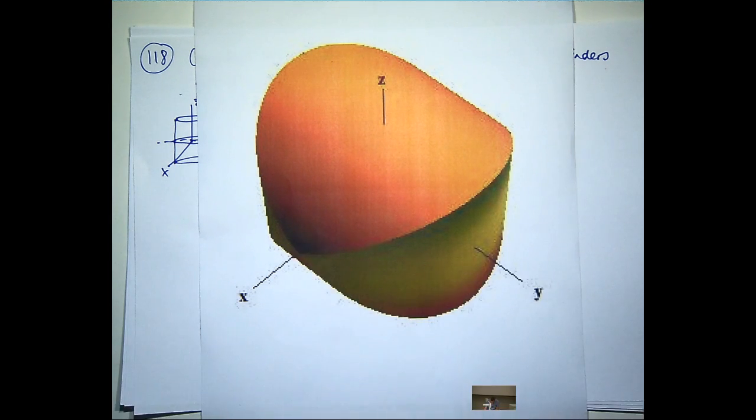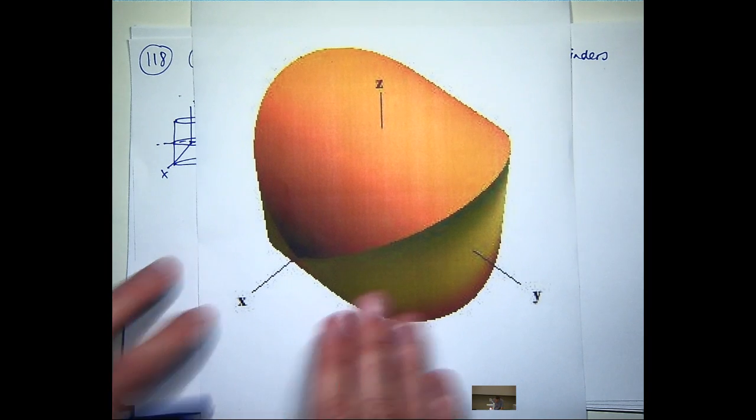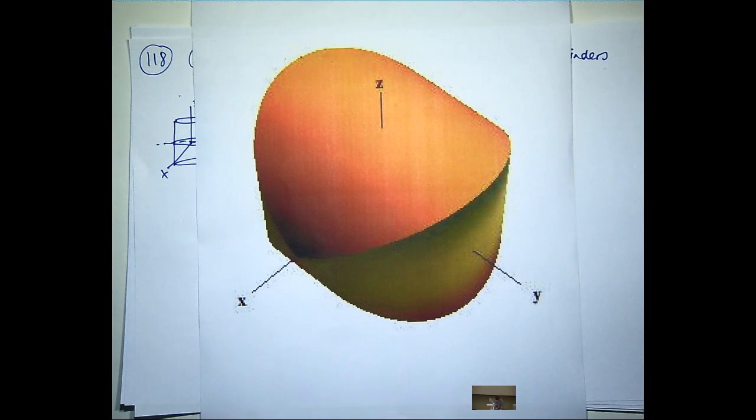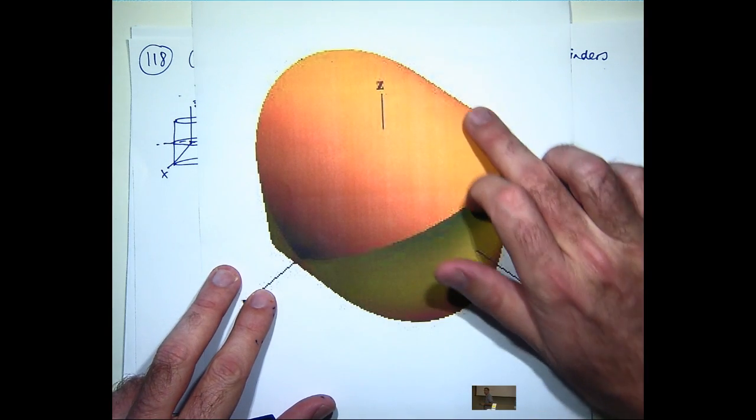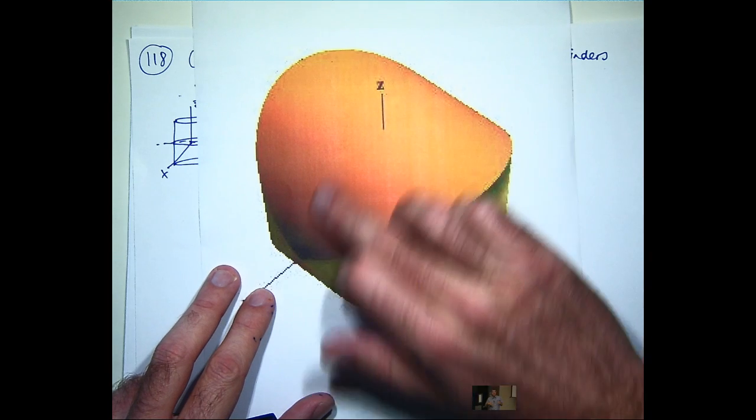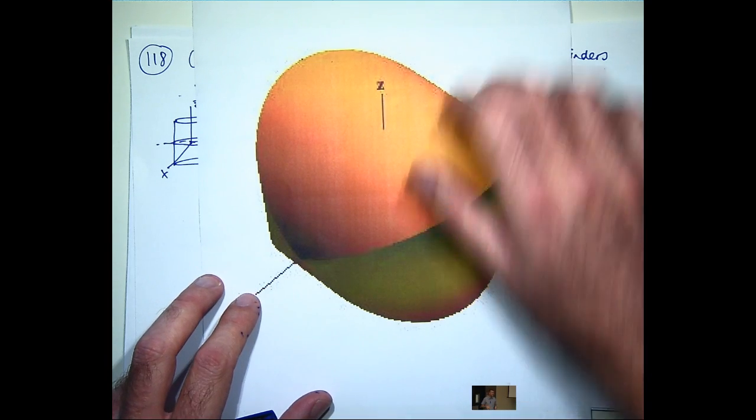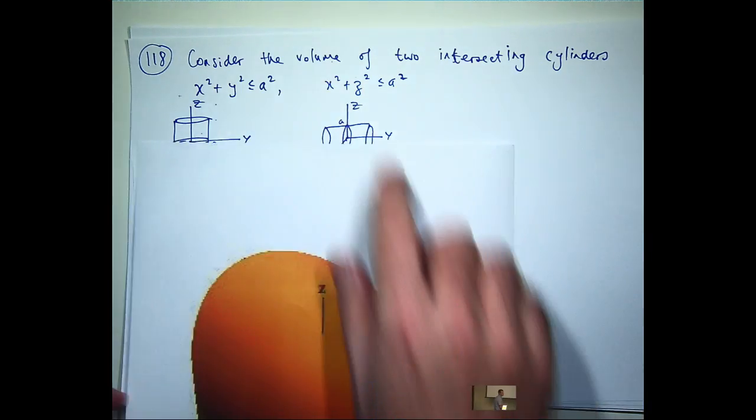If you want to have z between two surfaces, and use some sort of symmetry, the simplest lower surface is just the xy plane. So we're going to slice in the xy plane and then just look at everything above the xy plane and then multiply it by some factor. Now, what is this curve here? This is the upper bounding surface for z. Well, we can get it from here.